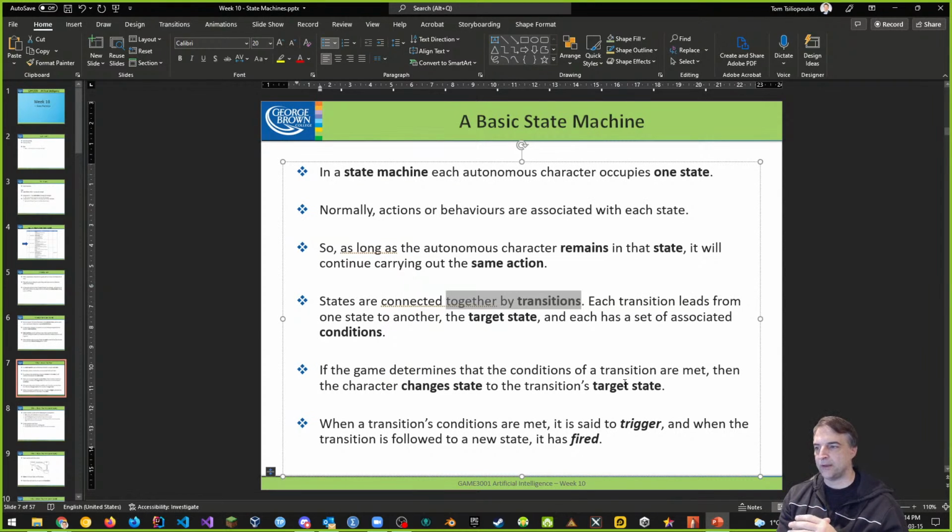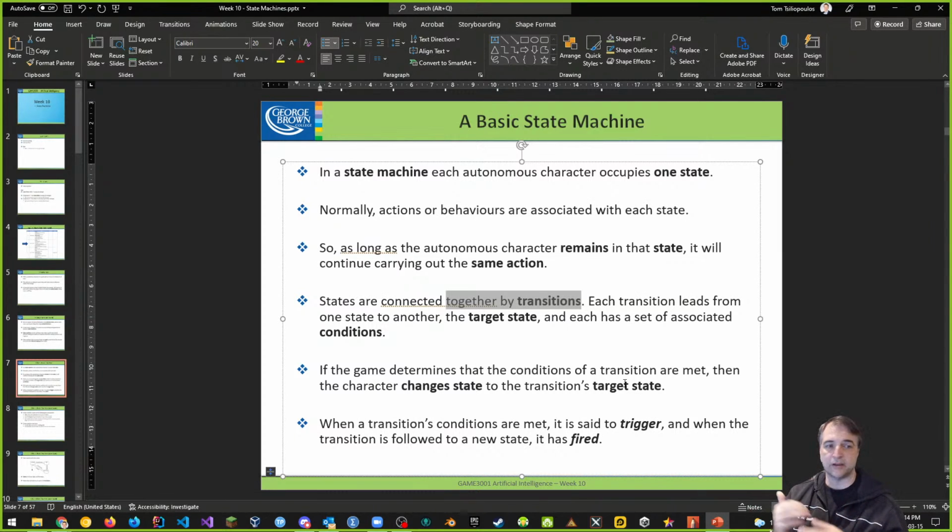And really what happens is we transition because of some kind of condition that has been met, whatever that condition is. An example would be, I have a line of sight, or we've seen the player, or we've heard the player, or the player went into an area where they triggered an alarm somehow, something that was automatic.